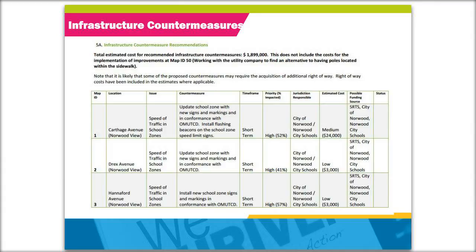Is it a short-term, medium, or long-term countermeasure? What's the priority based on how many students are going to be impacted by addressing this issue? What's the estimated cost? And then also look at additional funding sources outside of the Safe Routes to School program. You're going to go through and develop this table for all of the infrastructure countermeasures identified by your school.